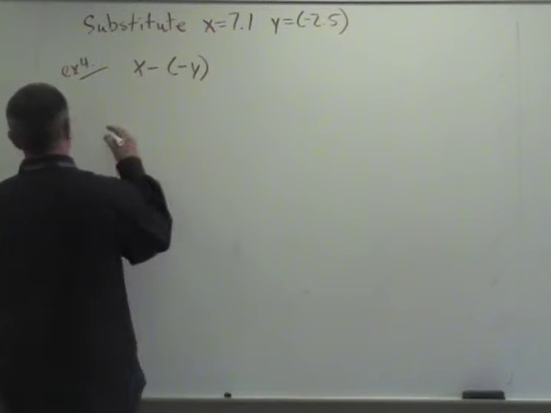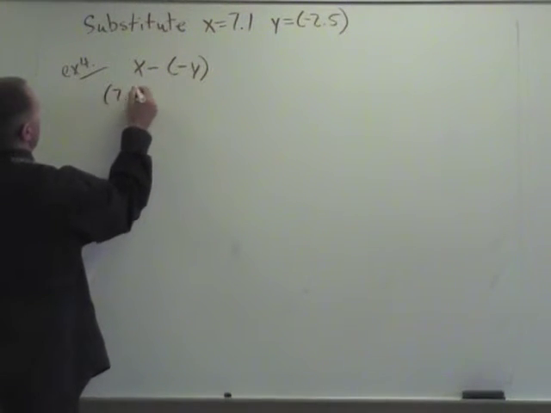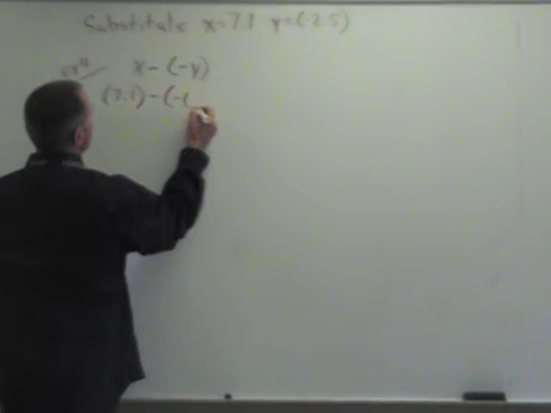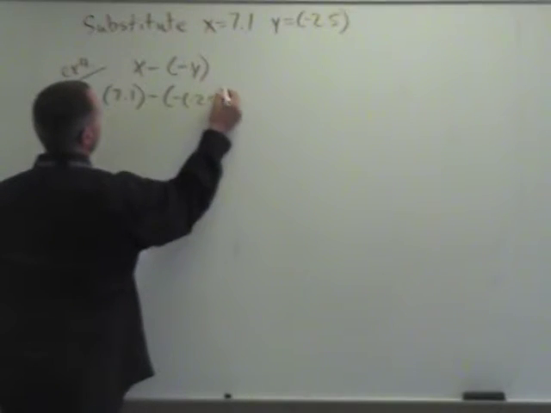Interesting. X is 7.1 minus a negative 2.5.